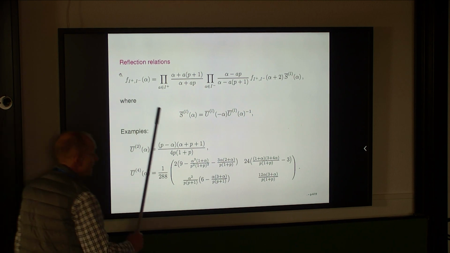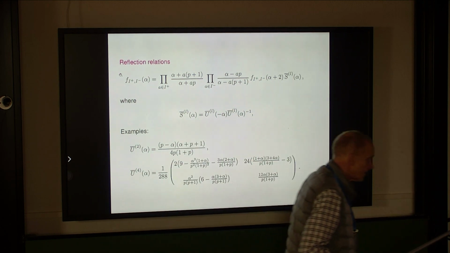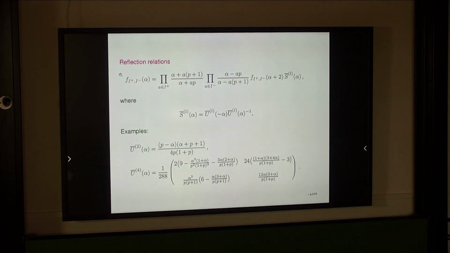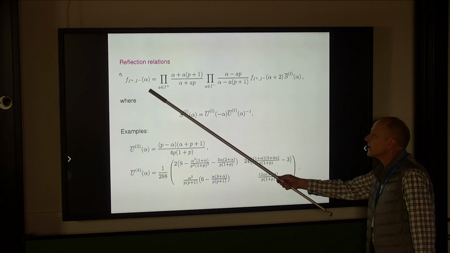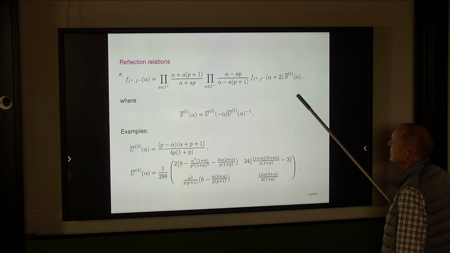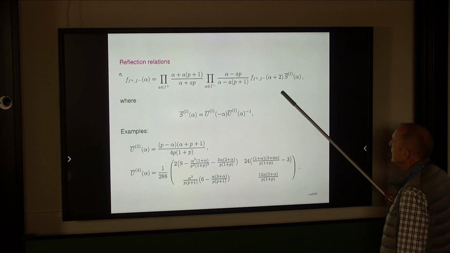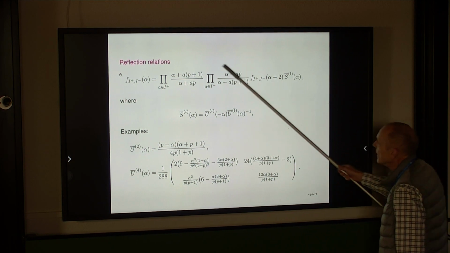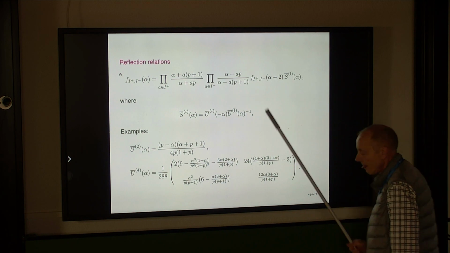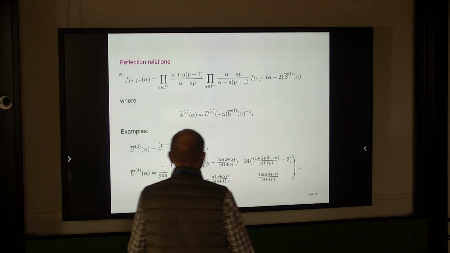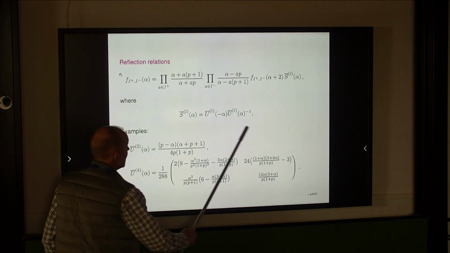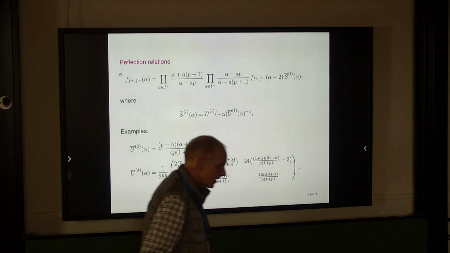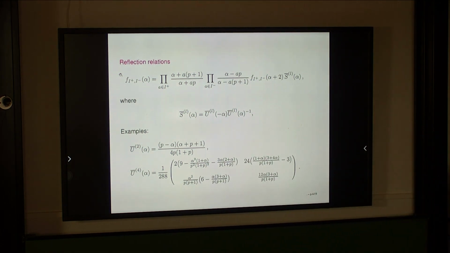The number of vectors is the same as the dimension of our space, the number of our fermions, of this quotient Virasoro space, and they satisfy this kind of relations, where I shifted alpha by 2 and got some rather complicated multiplier here. S is constructed out of this matrix U, which I had before, which relates the Virasoro basis to the Heisenberg basis.